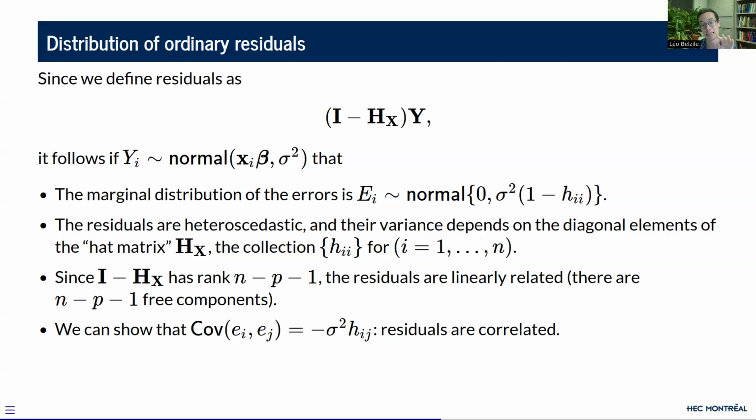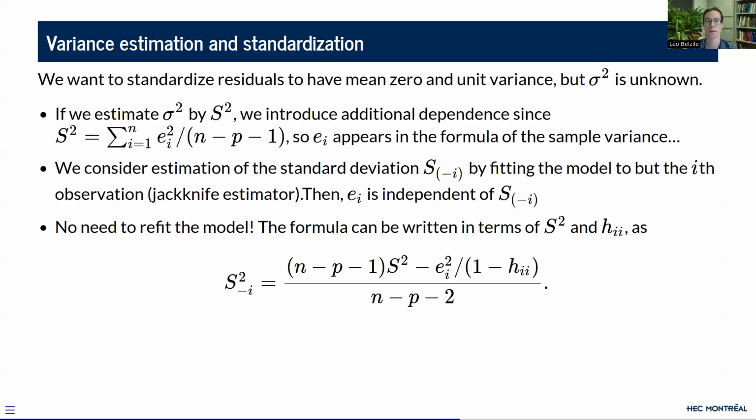You could extract n minus p minus 1 linearly independent residuals, or you can standardize these residuals to have the same distribution but keep the linear dependence. There's no getting around that. As n grows larger, typically h_ij becomes small, and so this becomes less of an issue.